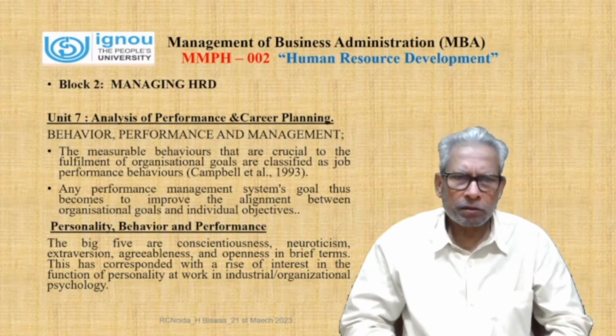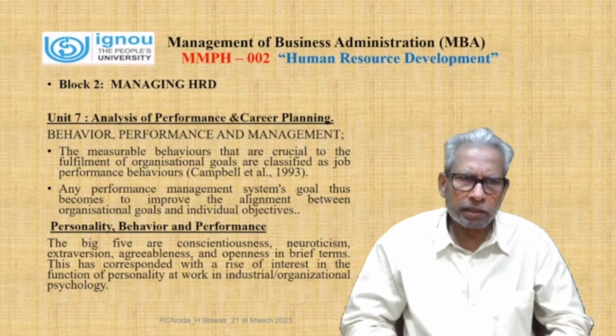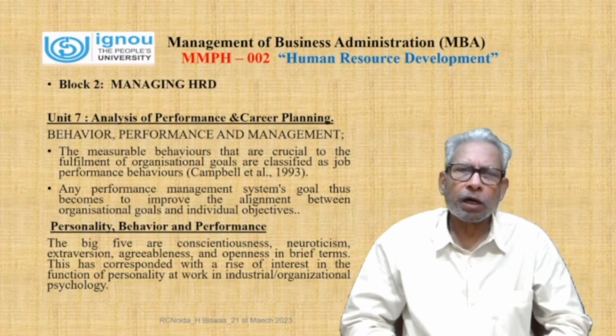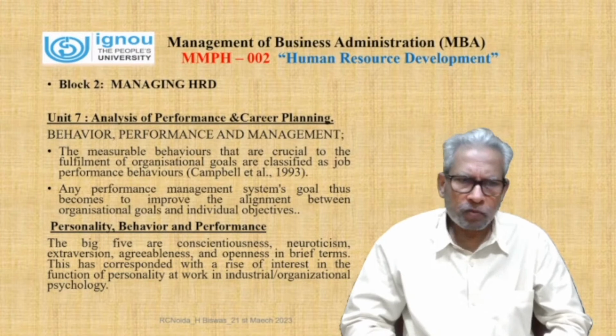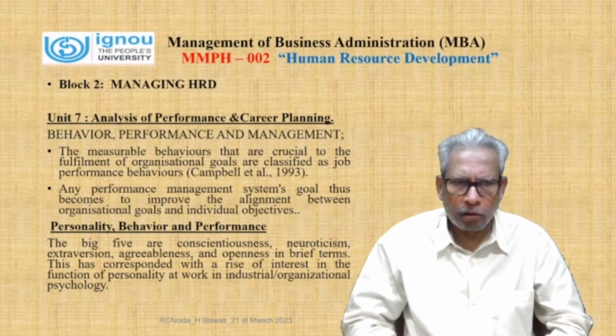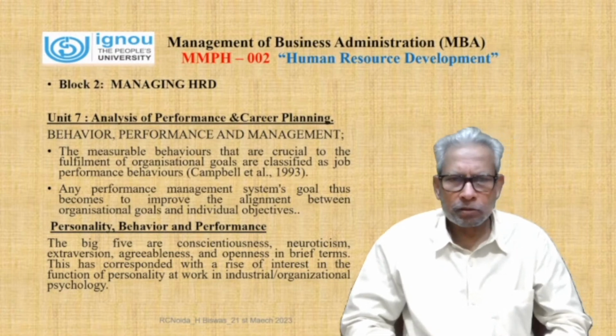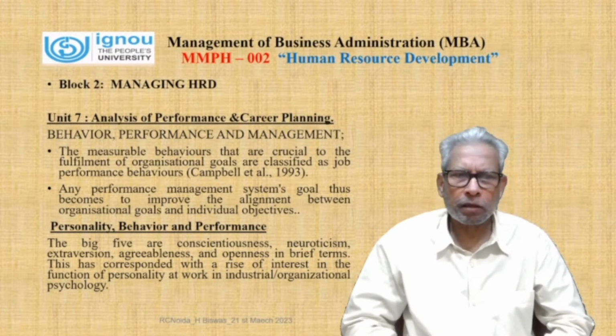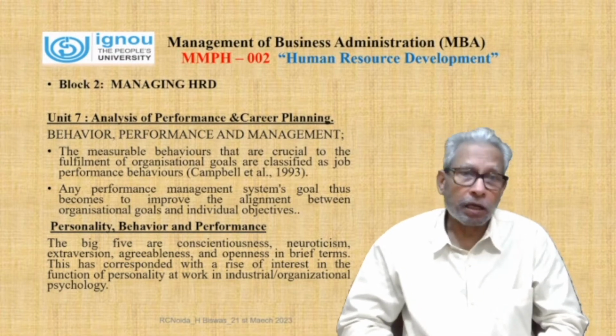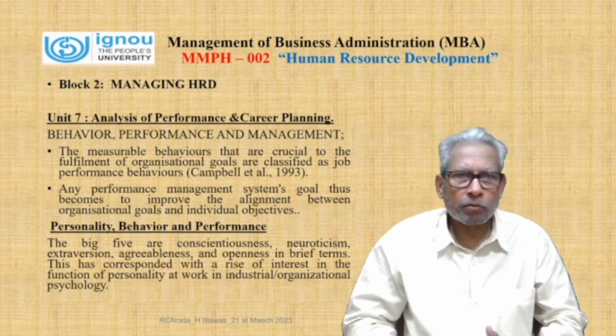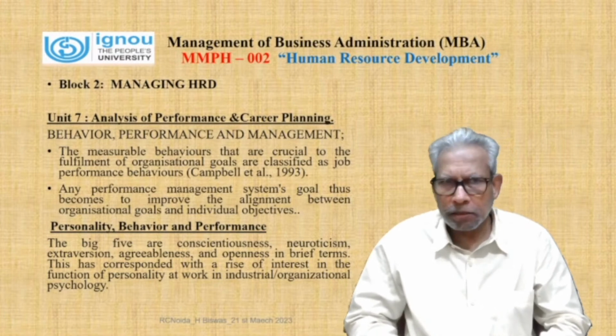Any performance management system's goal thus becomes to improve the alignment between organizational goals and individual objectives. This is one of the main objectives. Both objectives should be aligned, then we can say we are on the right path.